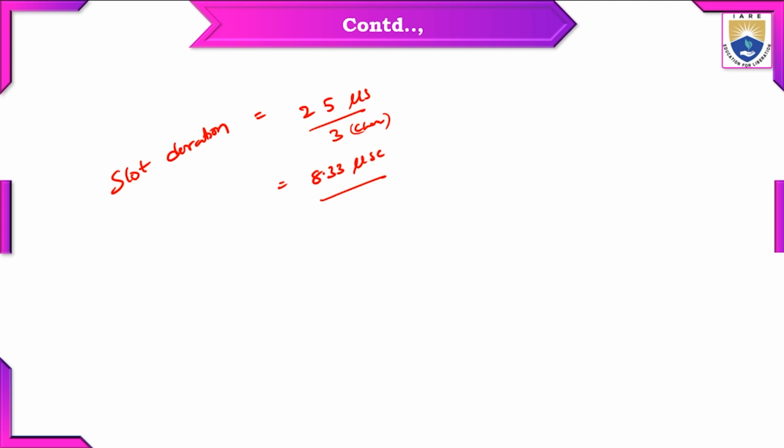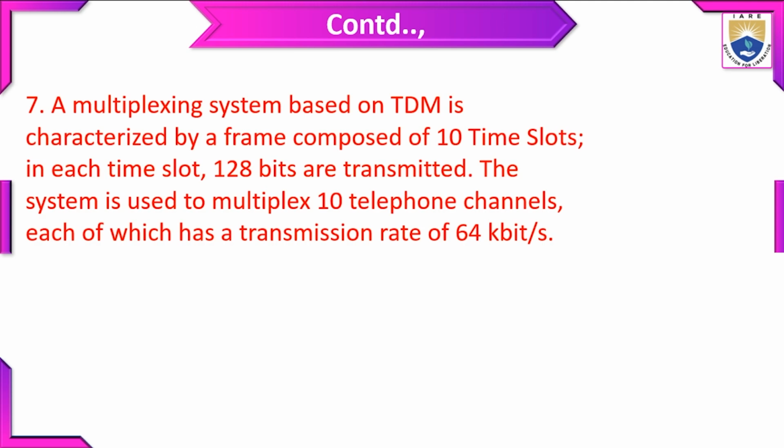Coming to the next problem, that is the 7th one. A multiplexing system based on TDM is characterized by a frame composed of 10 time slots. In each time slot, 128 bits are transmitted. The system is used to multiplex 10 telephone channels, each of which has a transmission rate of 64 kbps.